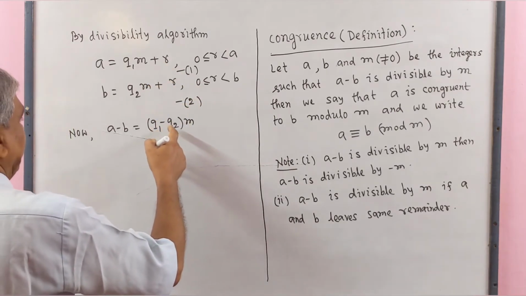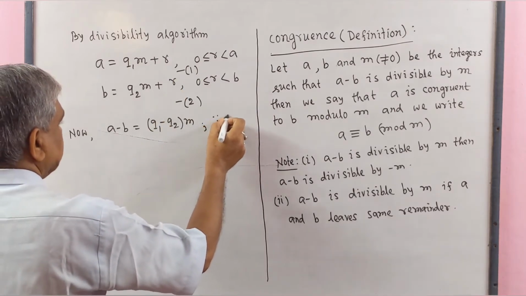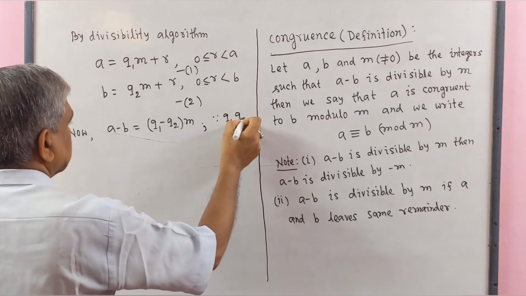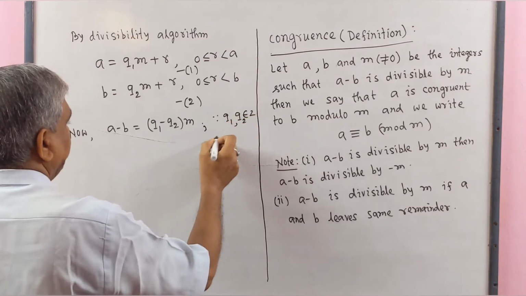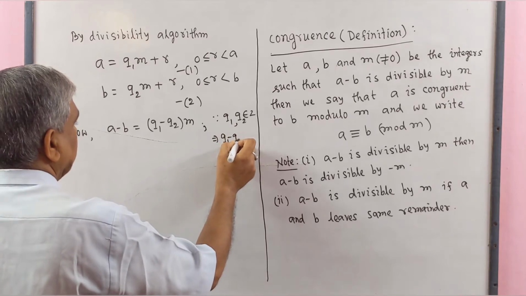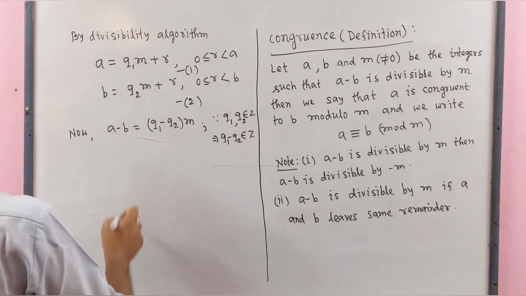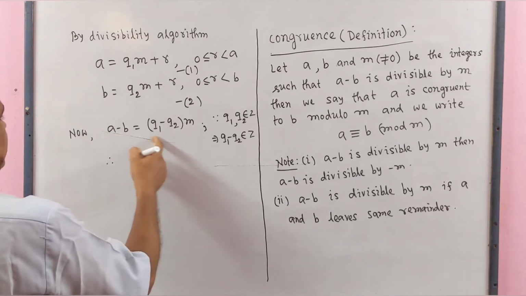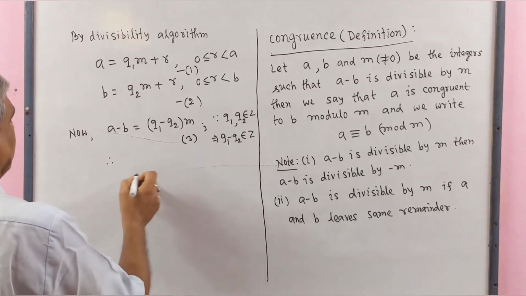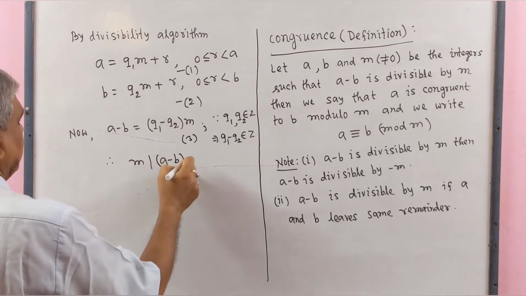Since q1 and q2 are integers, this implies that q1 minus q2 is also an integer. Therefore, from this relation, m divides a minus b.